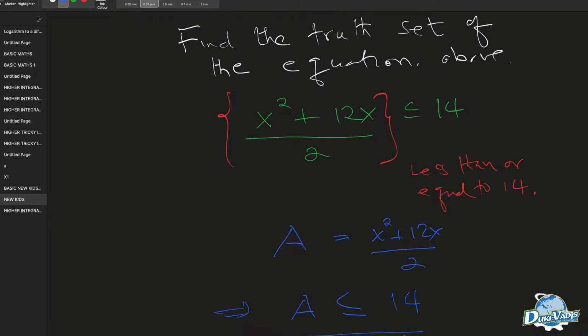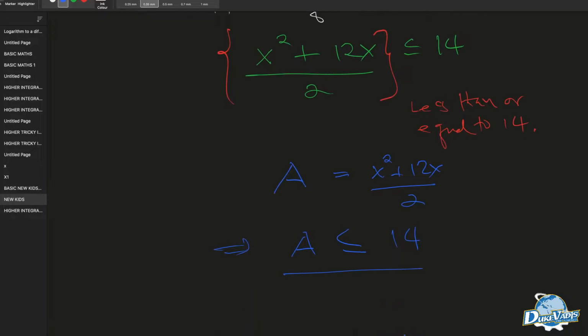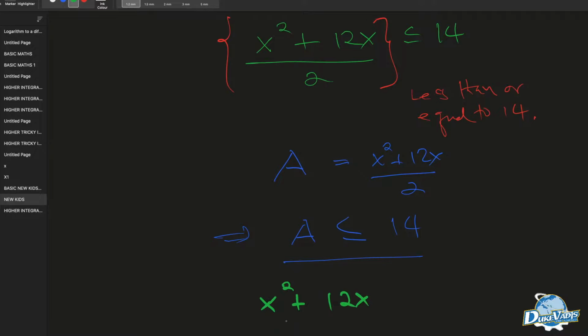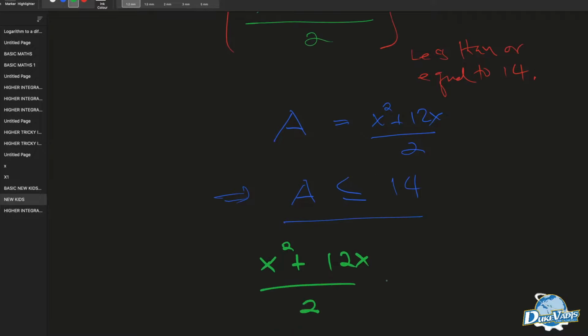So if x squared plus 12x over 2 is less than or equal to 14, then we have to find a certain means to solve this. So let's see the best way. Okay, so x squared plus 12x all over 2 is less than or equal to 14.